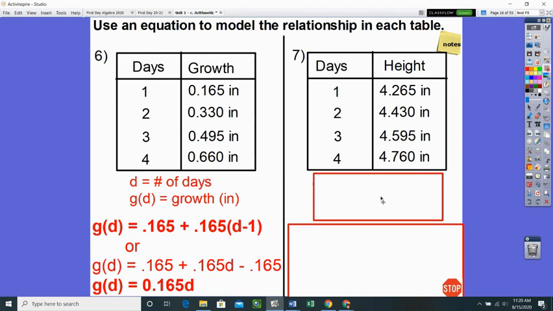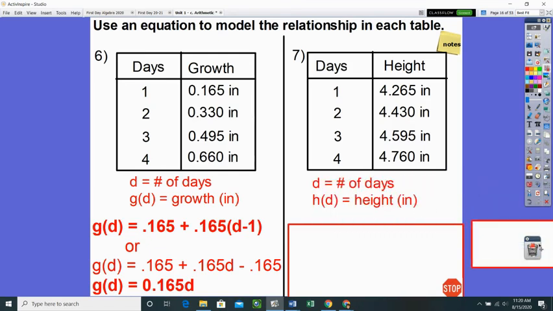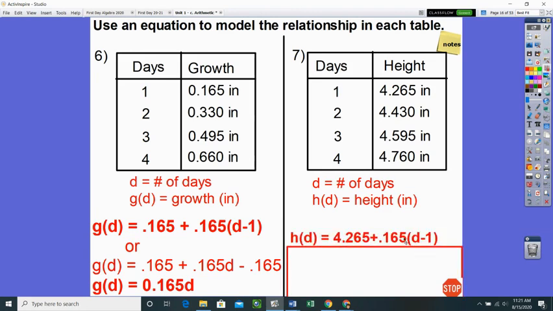All right, you might have different variables for me. I use d for the number of days and h of d for the height in inches. I put h of d equals the first term, and you'll notice it's the same common difference here. The plant is growing at 0.165 inches per day times d minus 1, and that is your, quote, n minus 1 rule.